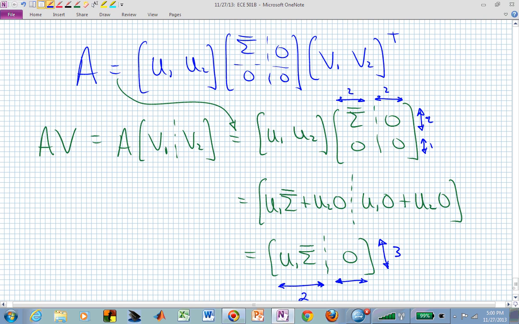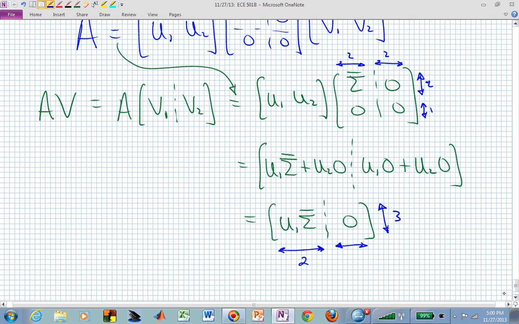So now, how big is this second set of columns in this product? Or you could go over here and say, wait, that has to be compatible with this guy, which is now as a matrix AV1, AV2. Is that clear? But how big is this? That's 2.